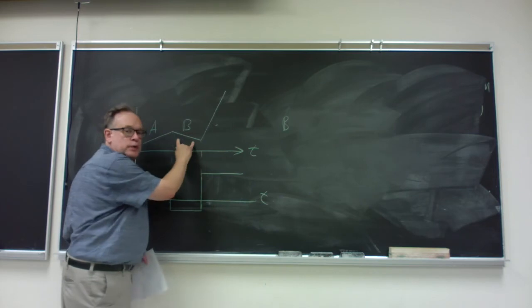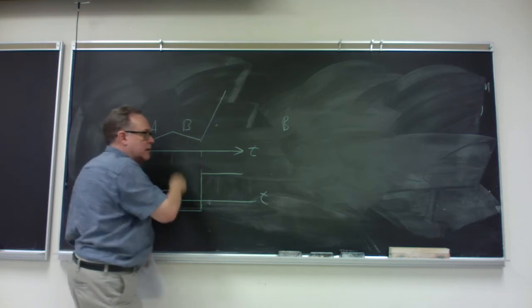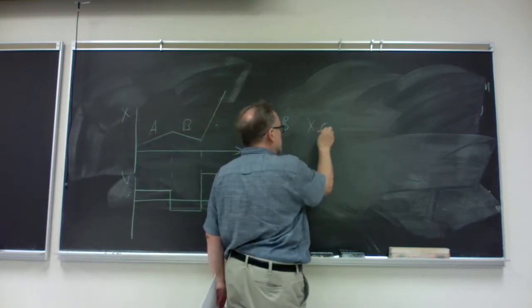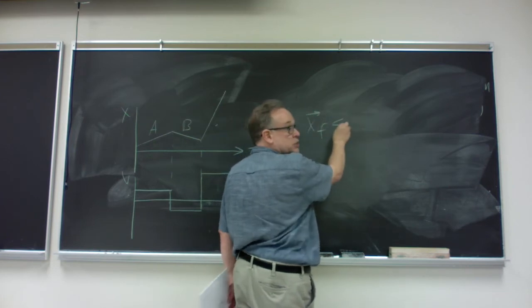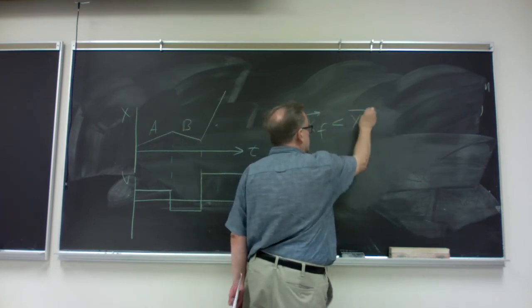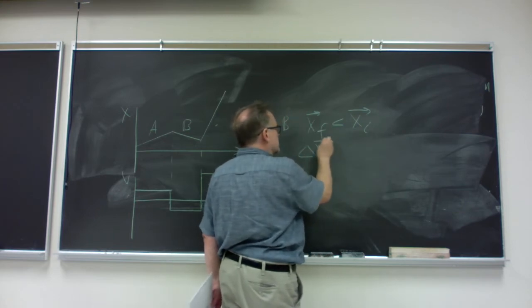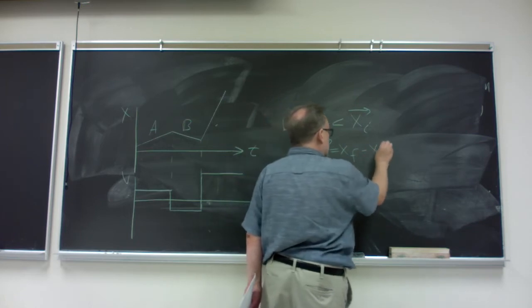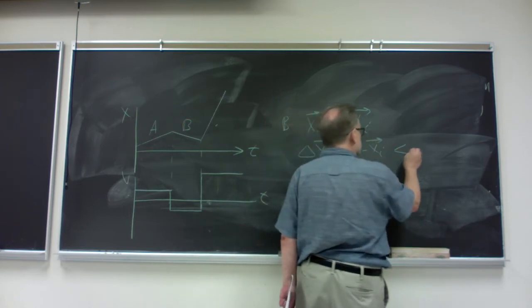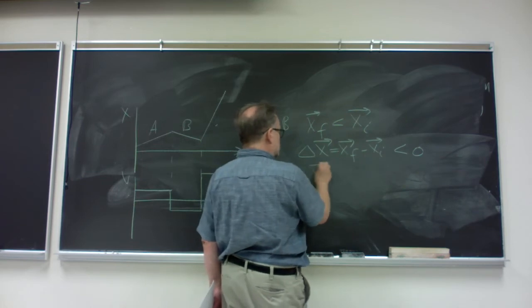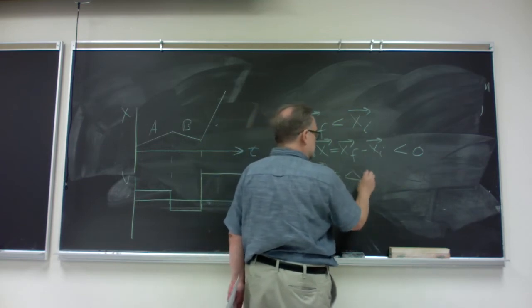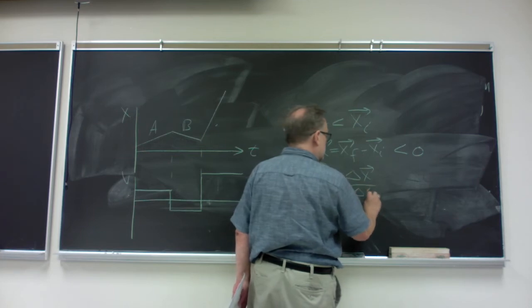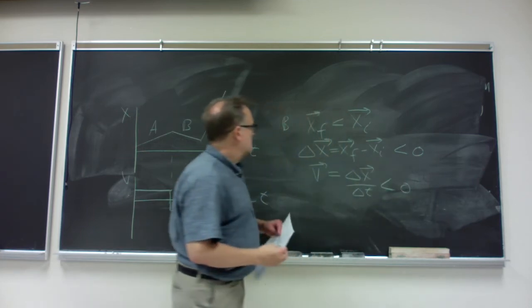Pick any two times within time interval B and compare things at the earlier time to things at the later time, and it'll always be the case that the later or final location is a smaller, less positive number than the initial location, which means the displacement, which is just final minus initial location, must always be negative, and the velocity, since it's just the displacement divided by a positive number, must always be negative.